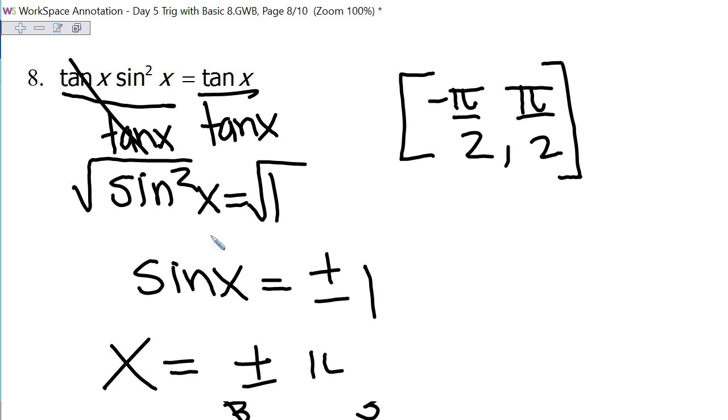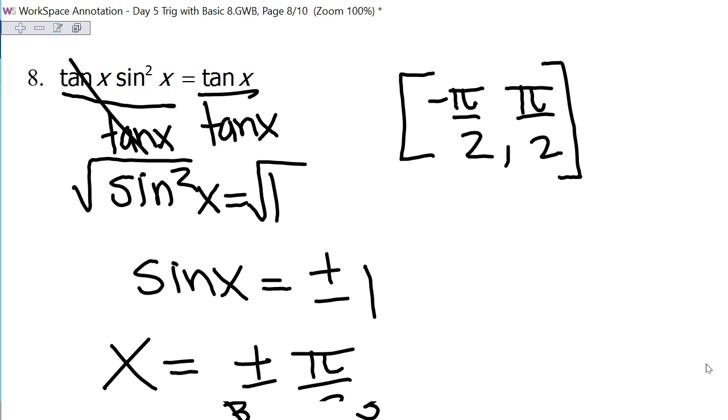The sine of positive pi over 2 is positive 1, and the sine of negative pi over 2 is negative 1. So we'll have two answers for that one. And are both of those answers within this range? Yes. Look at the sine, it can equal negative pi over 2 and positive pi over 2.